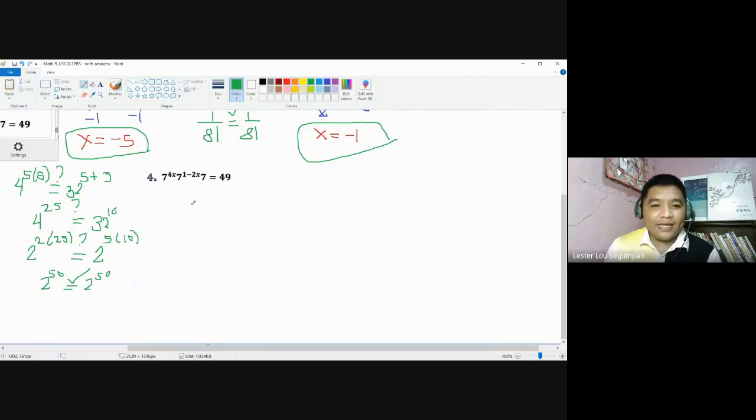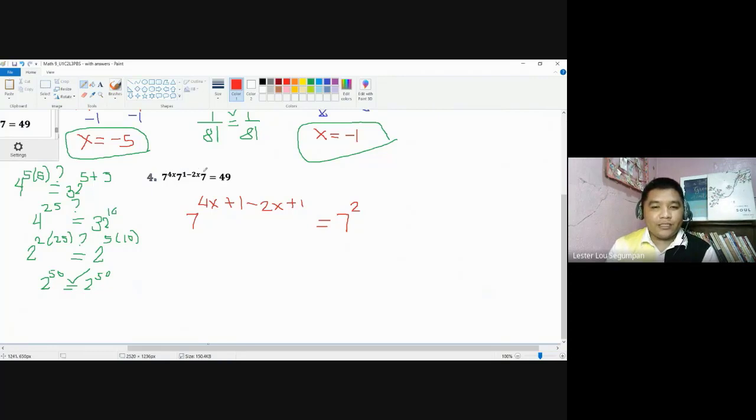But for the left-hand side, we can use the multiplication law because all of the terms here are multiplied. So you have 7 raised to the power of 4x plus 1 minus 2x plus the power of 7 here, which is also 1. That's for your left-hand side, equal to 7 squared for your right-hand side.